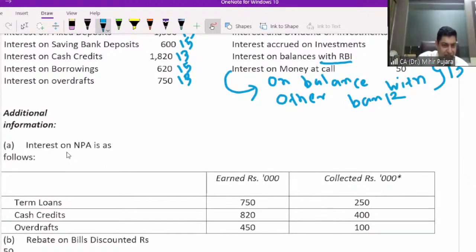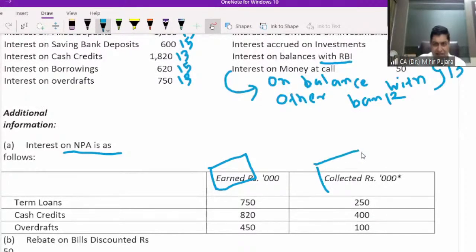Interest on NPA is as follows. This is earned, or accrued, and this is received.